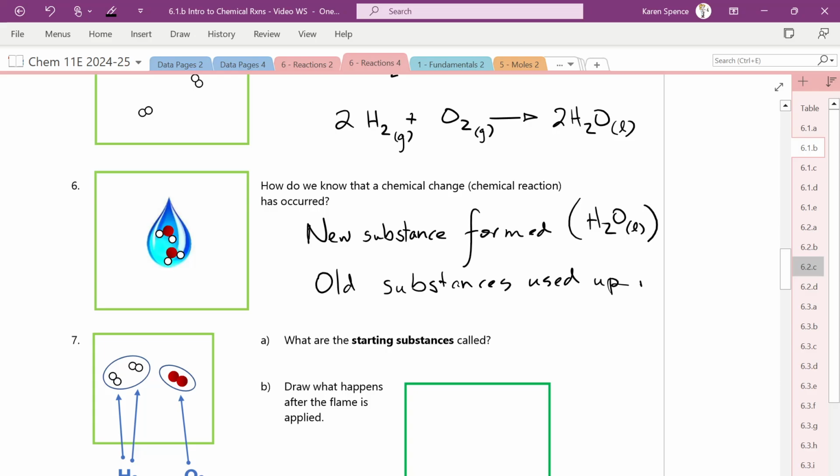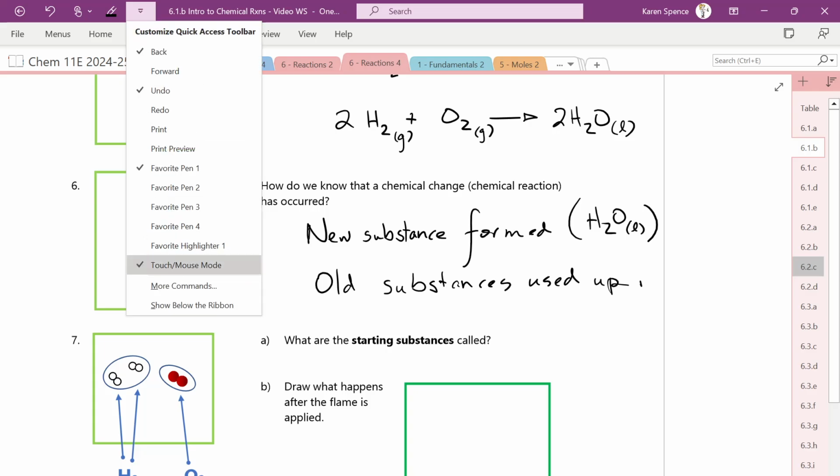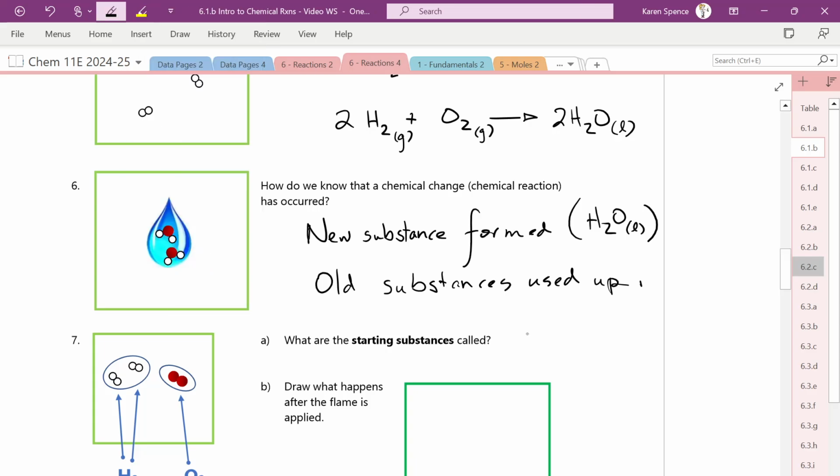Now, do you guys remember what we call the starting substances? Those are our reactants.